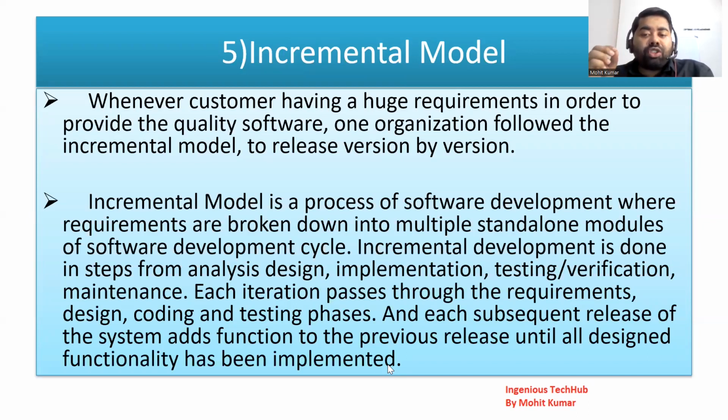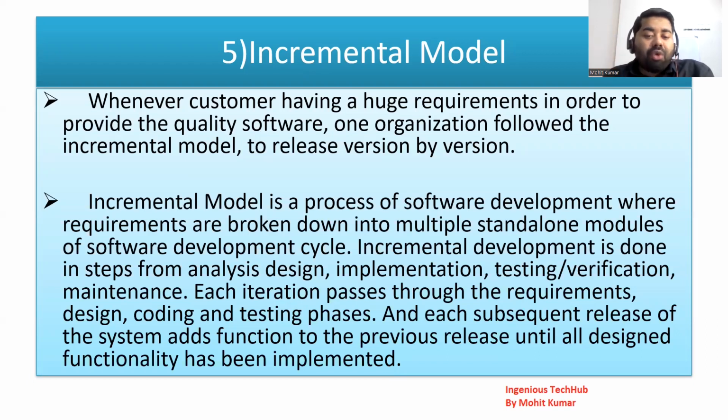Incremental model is a process of software development where the requirements are broken down into multiple standalone modules of the software development cycle. So they are just splitting the requirement. Incremental development is done in steps from analysis. So what steps do we have? We have analysis, then implementation, testing, verification, and maintenance.